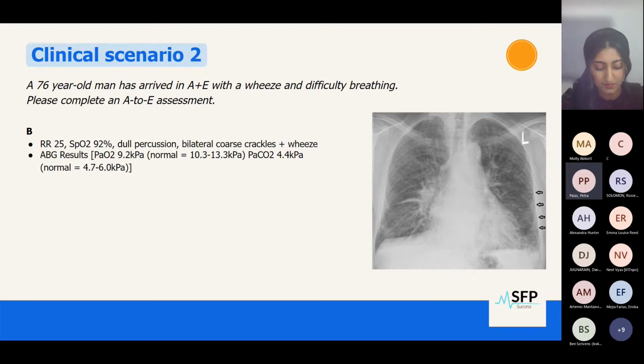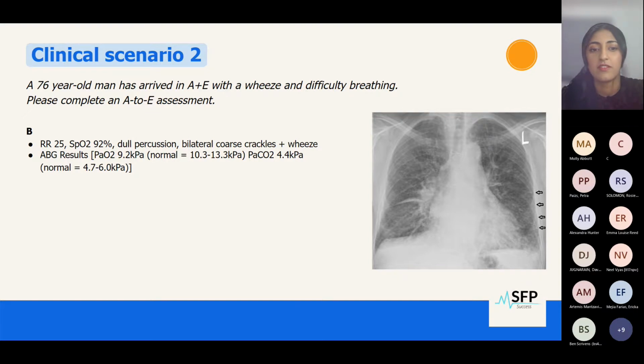With the pulse, I would check rate, rhythm, character. I would check JVP, listen to the heart sounds, check for any added sounds, and perhaps do an ECG. Okay.